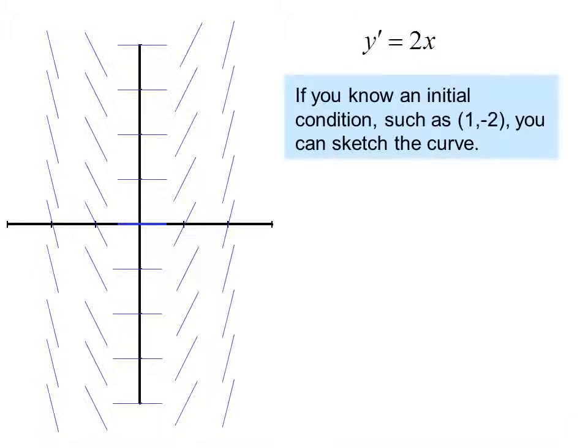If you know an initial condition, such as 1, -2, you can sketch the curve. So I look for the point 1, -2, which is right there, and I follow the line segments in both directions to draw the curve.